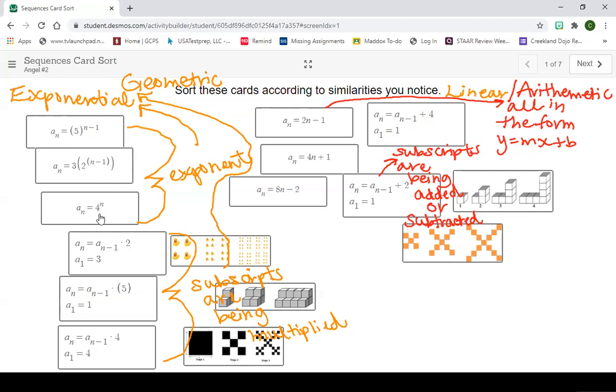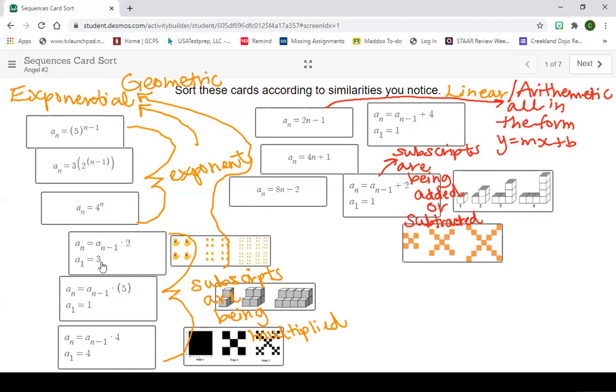How do you figure out what the first term is right here? 1, the first term is 1 right here, right? Because you don't see a number. What about the first term here? What's the first number? 3. What about here? This is 1 because there's no number, right? So what's the first term here?